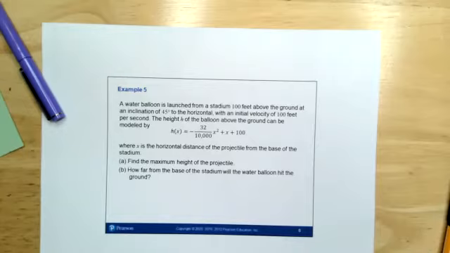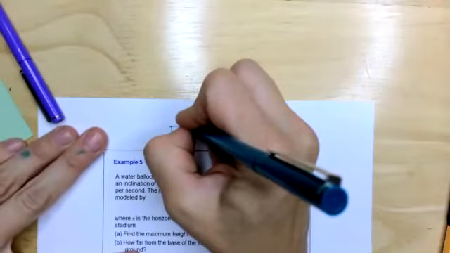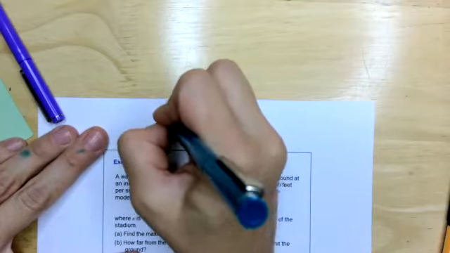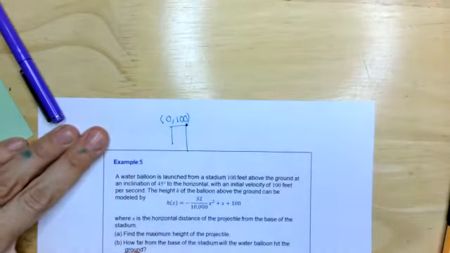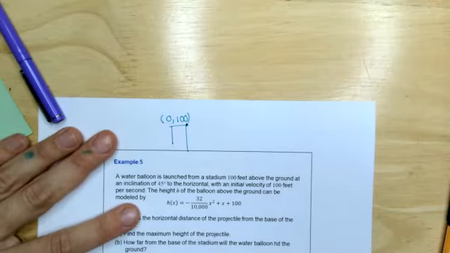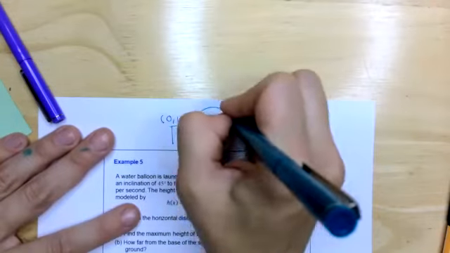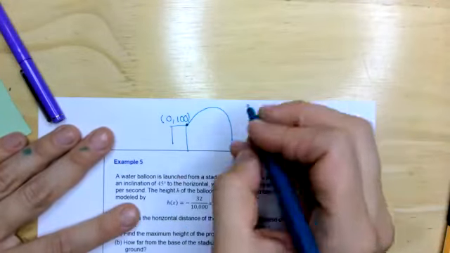So the y value, right? Here's 100 feet in the air. We're throwing it 100 feet at an inclination of 45. And when you throw something, it goes like this, right?